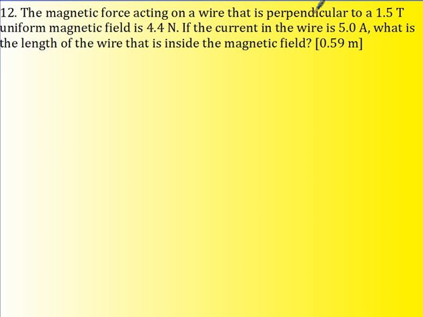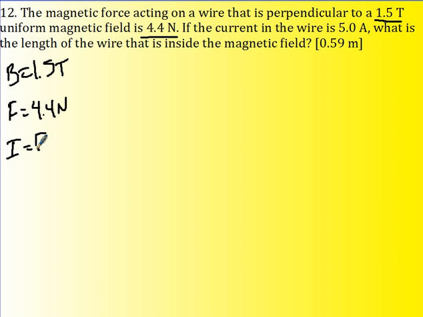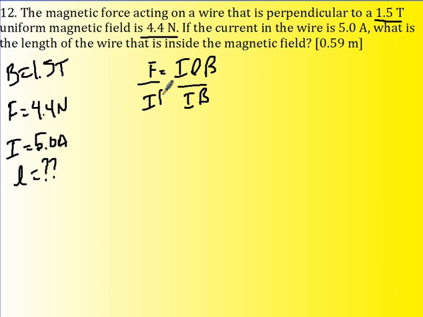The magnetic force acting along a wire that is perpendicular to a 1.5 Tesla, so B is 1.5 Tesla, uniform magnetic field is 4.4 newtons, so F equals 4.4 newtons. If the current I is 5.0 amps, what is the length of the wire? So F equals ILB. I'm going to solve this for L by dividing by IB.